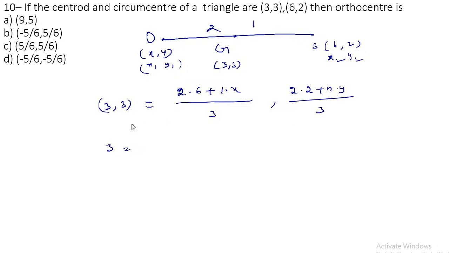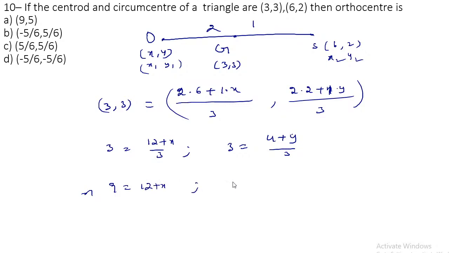So 3 is equal to, we just need to equate the x coordinates and y coordinates. So 3 is equal to (12 + x)/3. Similarly 3 is equal to (4 + y)/3, where n is 1. Now this implies 9 is equal to 12 + x, and 9 is equal to 4 + y. So x is equal to 9 minus 12, which is minus 3, and y is equal to 5.